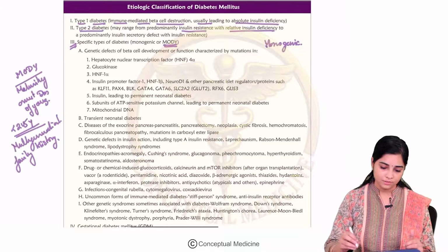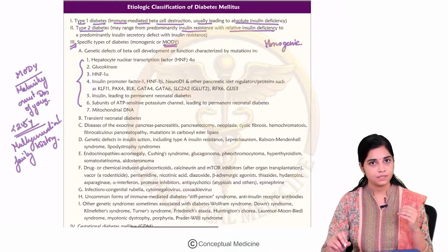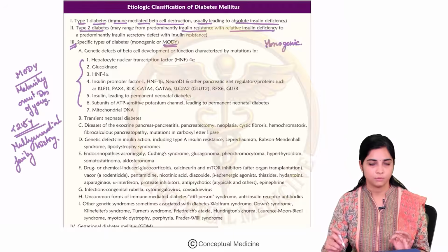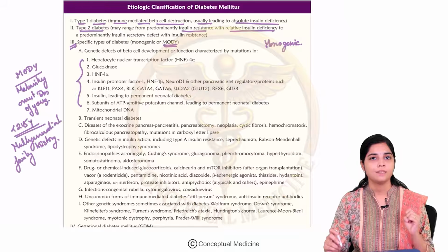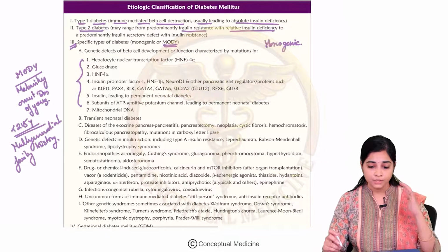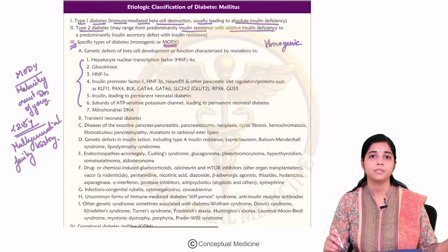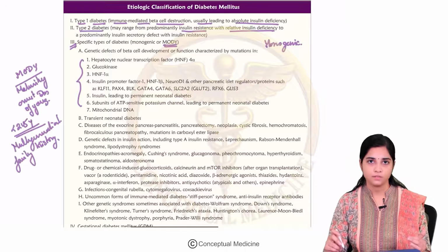This occurs due to genetic mutations in a whole lot of factors. We will be looking at these factors again, so I am not listing them out now. All you have to know is that there is a multi-generational history and diabetes arising at less than 25 years of age. With this I would like to emphasize that we have a common understanding that type 1 diabetes is diabetes of the young and type 2 diabetes is diabetes of the old, which is not so.